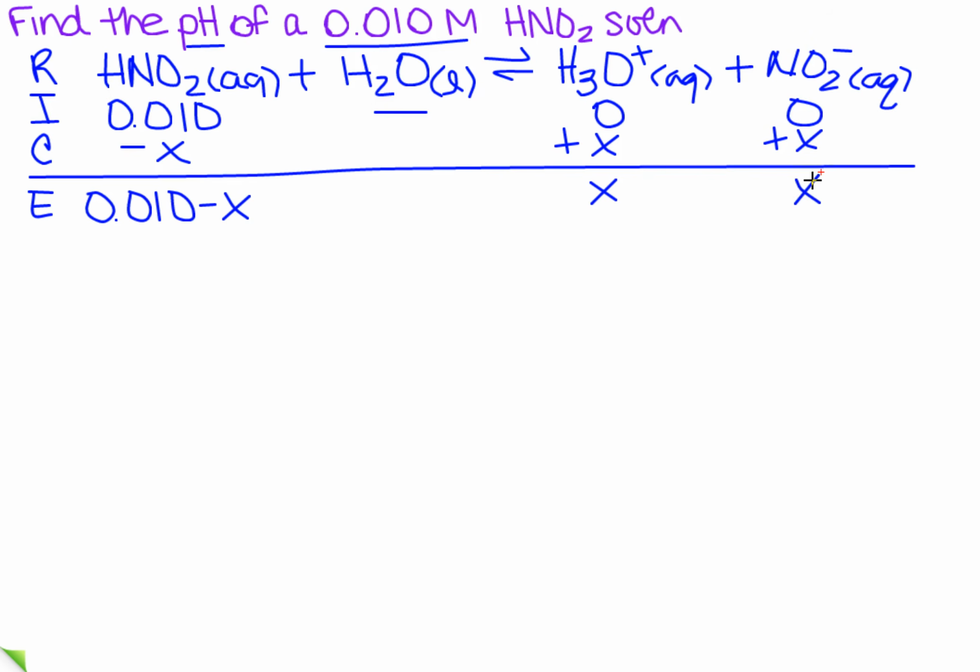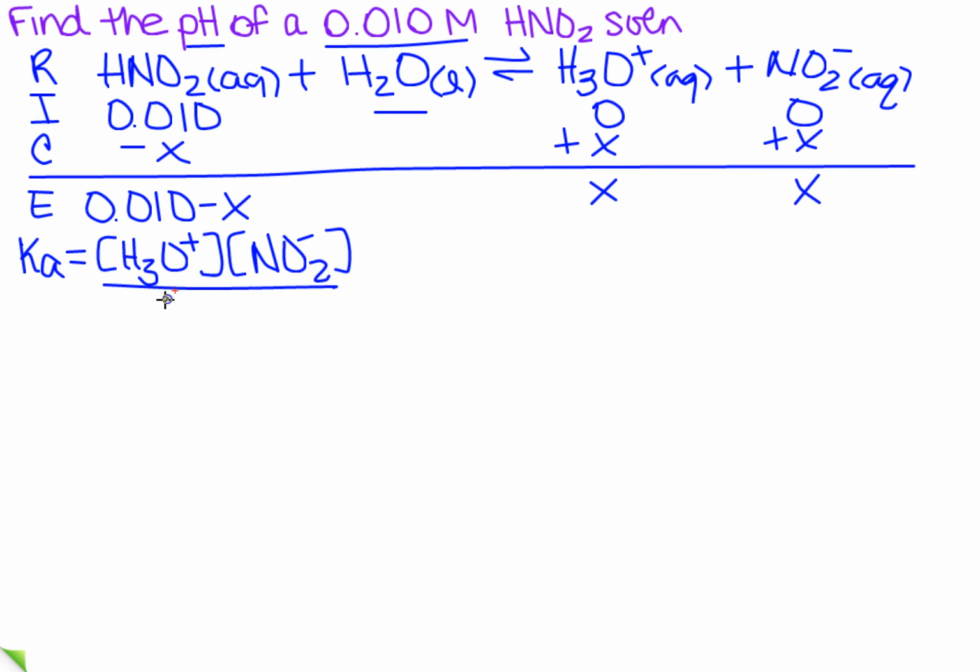So that's the hard part, right? I hope it is. So now I need to do the Ka value in order to solve for the hydronium concentration. So I know that Ka equals the products over the reactants. So I'm going to write that out. Now make sure you either have your table or you already know what the Ka value is.